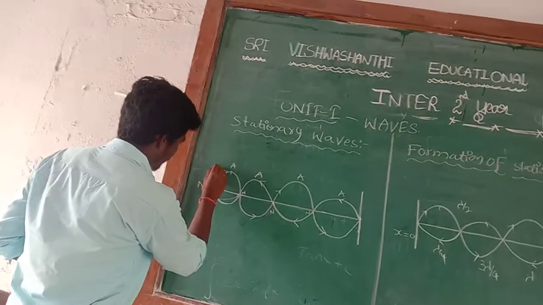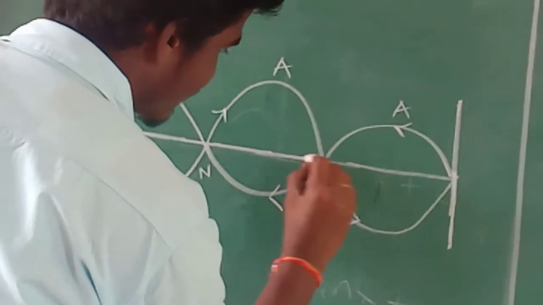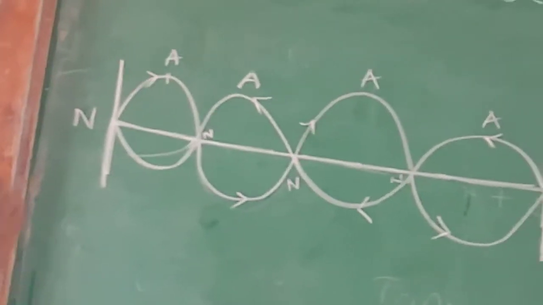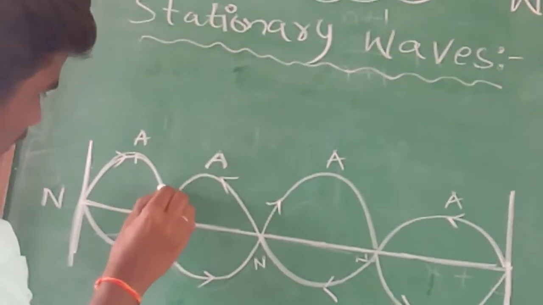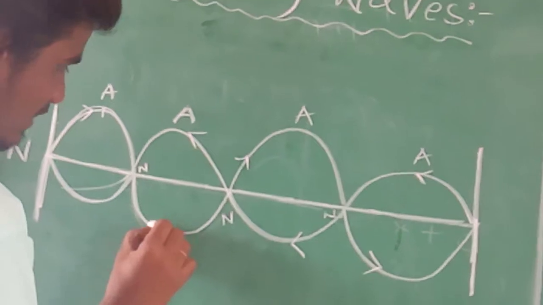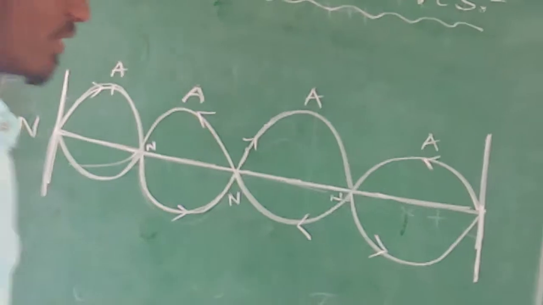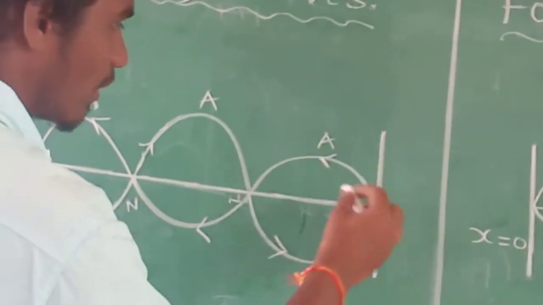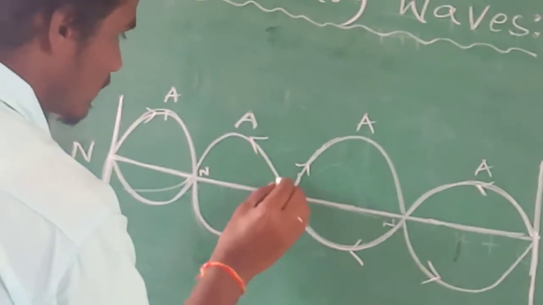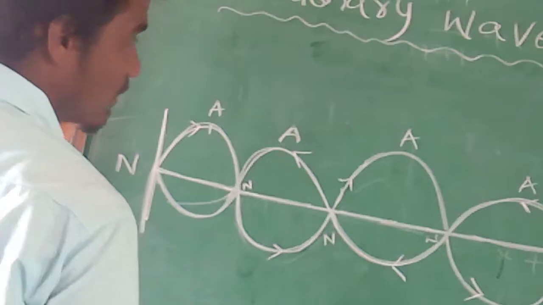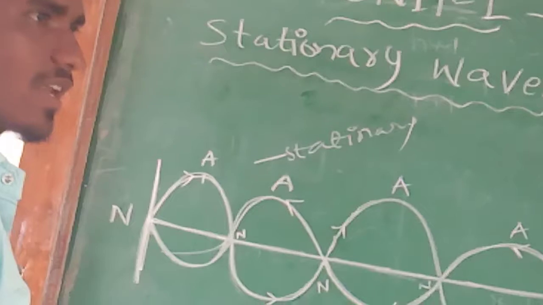Let us consider a transverse wave moving in one direction, and another wave coming back, reflected, moving in the opposite direction. This will make a stationary wave.